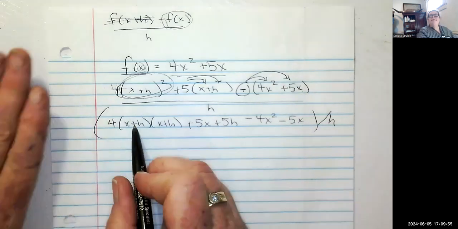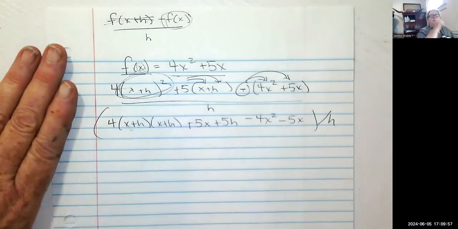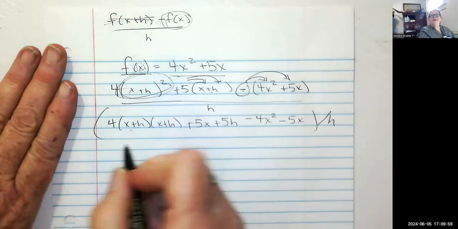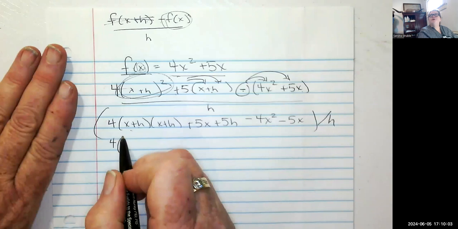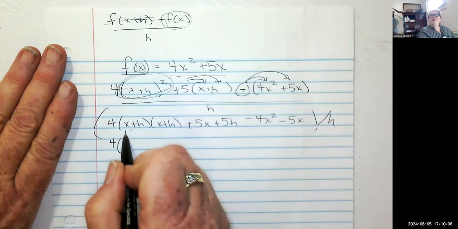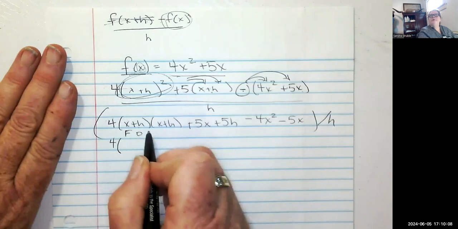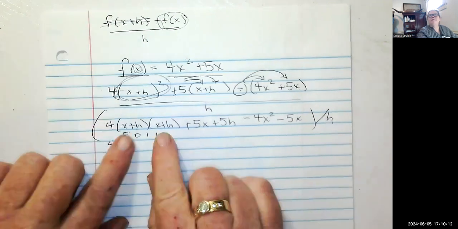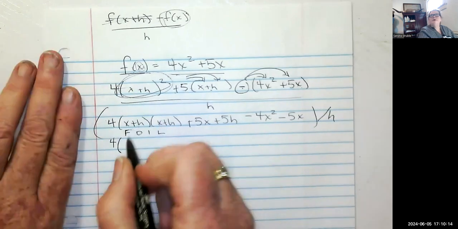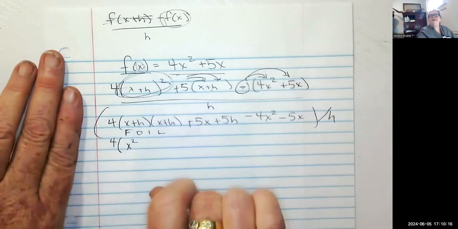I need to multiply the binomial together before I do the 4. Oh my goodness, I'm so sorry. So 4 times. Now, I'm not sure how strong you are on your binomial multiplication, but I'm just going to go first, outer, inner, and last. I'm going to FOIL. So first are the first 2 terms of the parentheses, x times x, which is x squared.